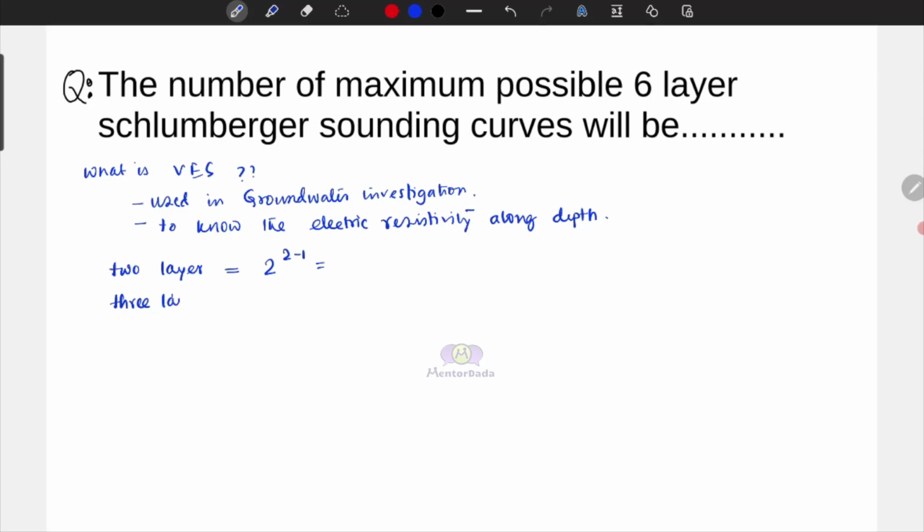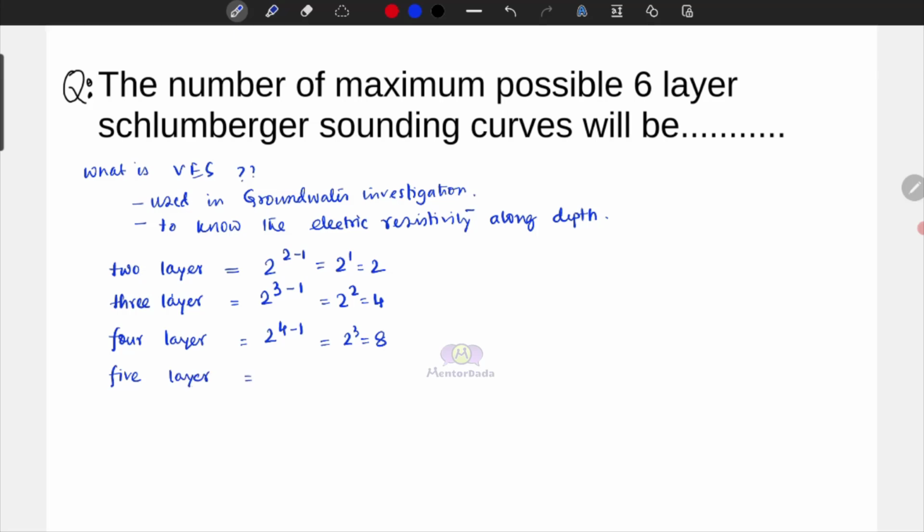In case of 3 layer, 2 to the power 3 minus 1. In case of 4 layer, it is 2 to the power 4 minus 1. That is, for 2 layer, the number of possible curves is 2 to the power 1, which is 2; for 3 layer, 2 to the power 2 is 4; and for 4 layer, 2 to the power 3 equals 8.